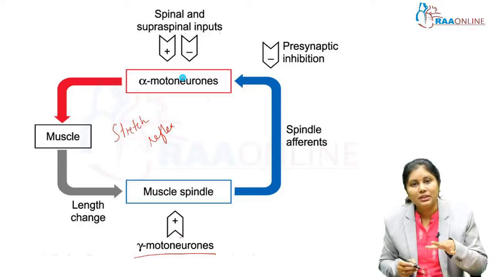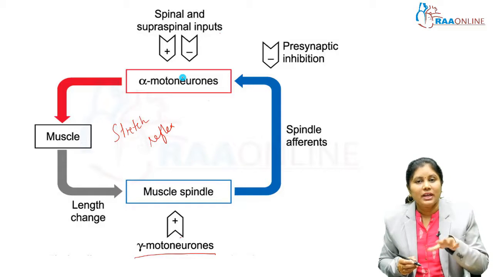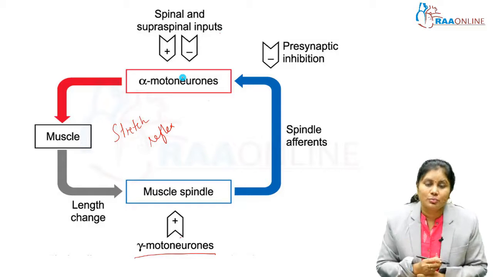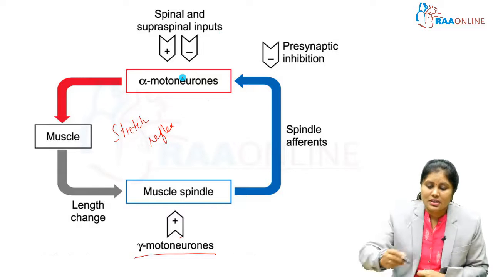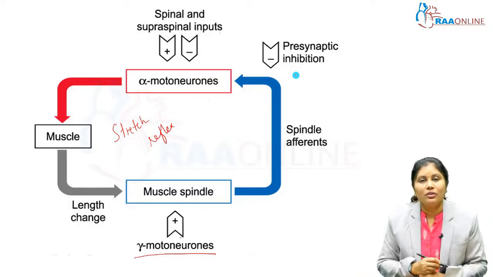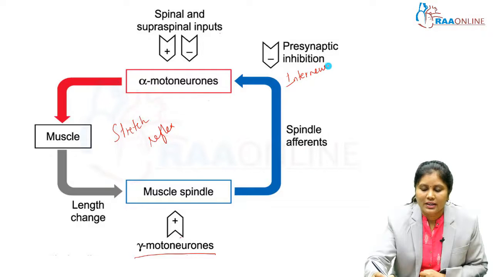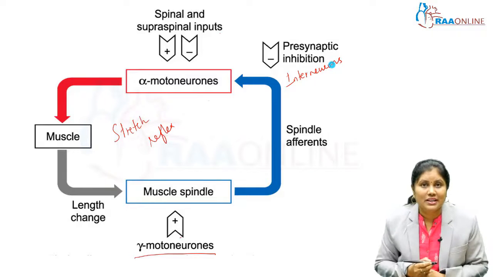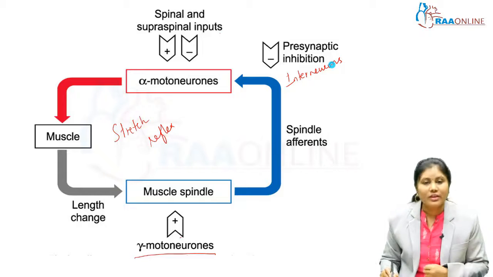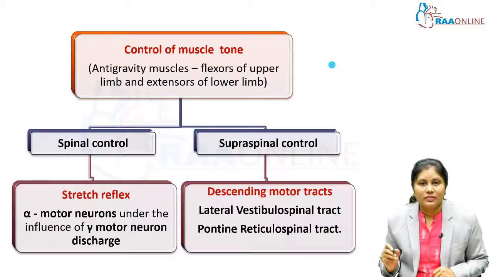It depends upon the balance between the inhibition and the facilitation by the supraspinal centers. Sometimes presynaptic inhibition can also happen from the spindle afferents before it innervates the alpha motor neuron. That is possible because of the interneurons, and that is what is Renshaw cell inhibition and all those things. Okay. So, this is about the stretch reflex.